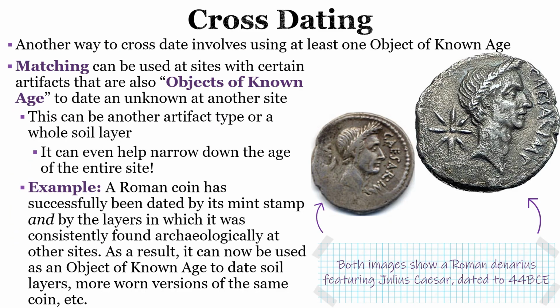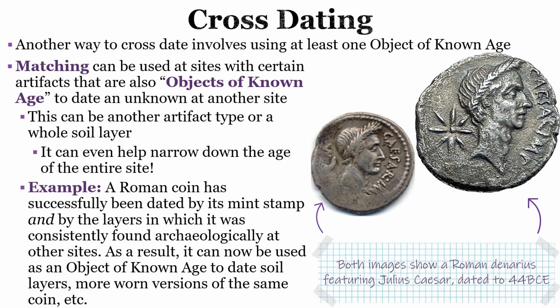Another way that we can do cross dating using an object of known age is by doing matching, where we can take an object whose age we do know and use it to help us figure out where in time certain soil layers and artifacts on a completely different site fall. And this can in turn help us lock down the age of that site.